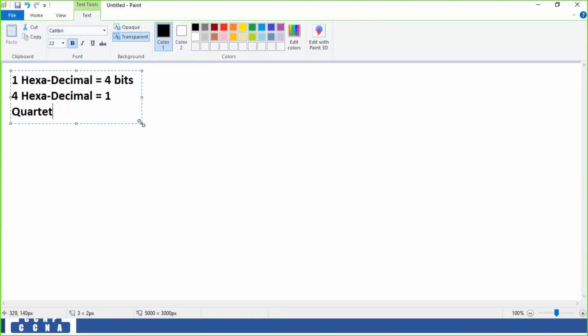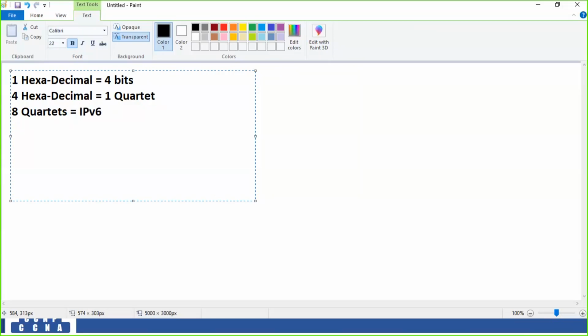Then 8 quartets contain how many hexadecimal digits? 32 hexadecimal digits. How many bits? 128 bits. So we can say 8 quartets is IPv6.